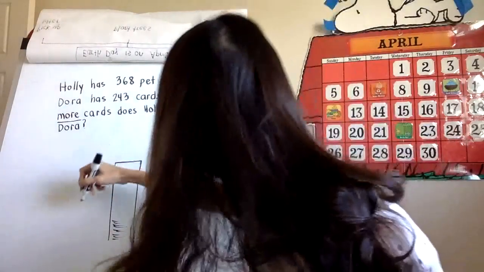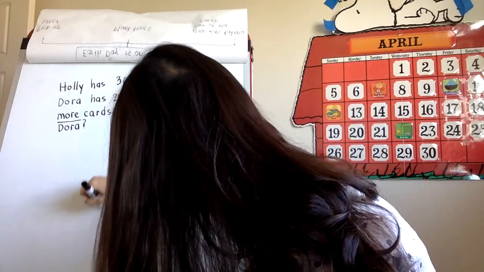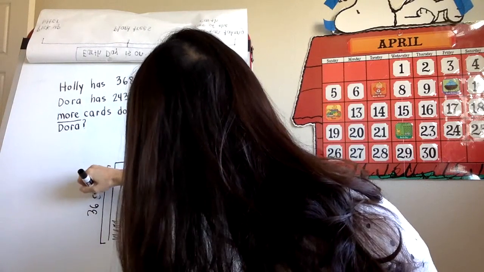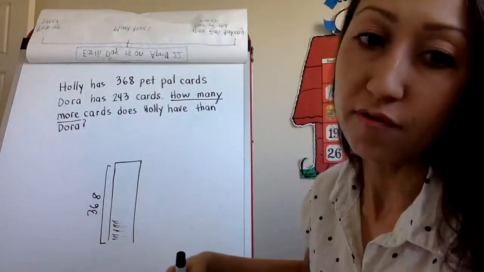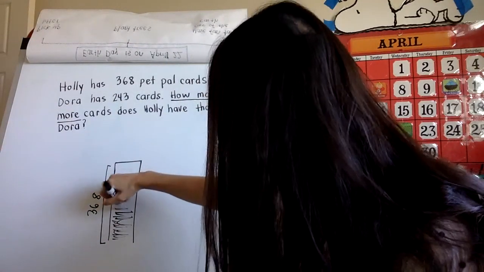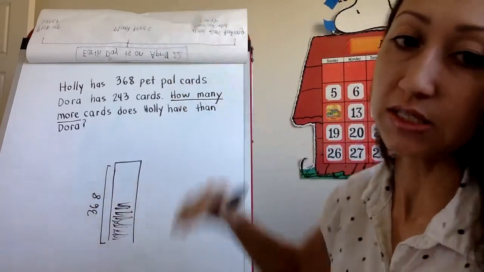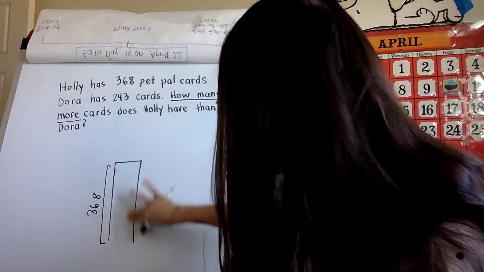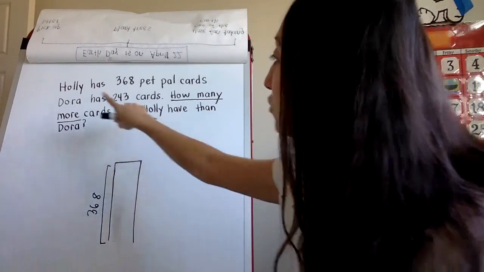A better way is to draw a bracket and say that this is 368. So this bar graph represents 368 cards all stacked on top of each other. Okay, it's making a stack. That's just for you to visualize. And then we have Dora's amount.